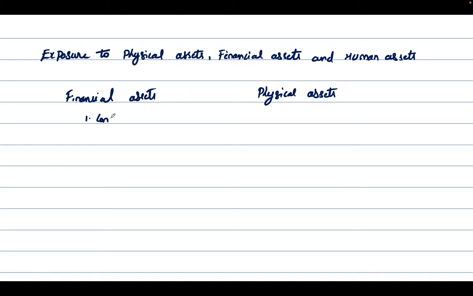They can be converted into value, and both of them are recorded in balance sheet. These are the two similarities between a financial asset and physical asset.